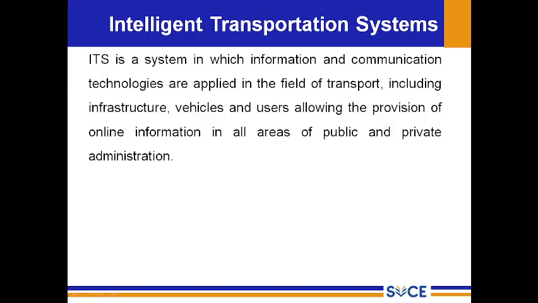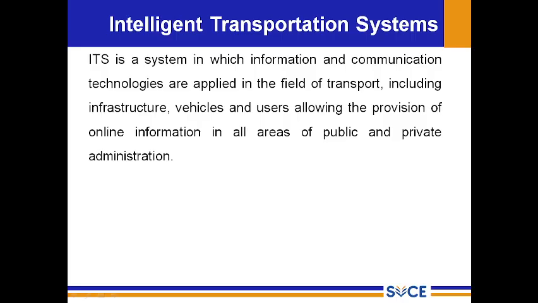First, from infrastructure, we need to collect data, and in vehicles some modules we need to install, like GPS for tracking vehicles. Similarly, users must have certain apps so that they can receive the information. So these three are well connected.